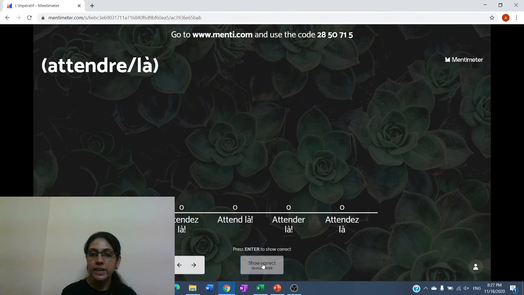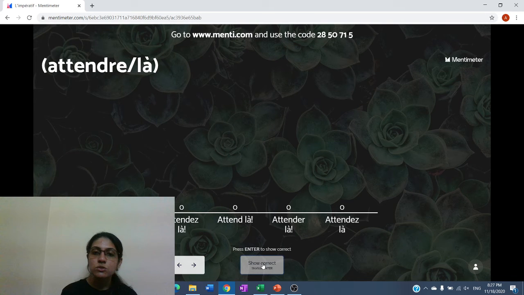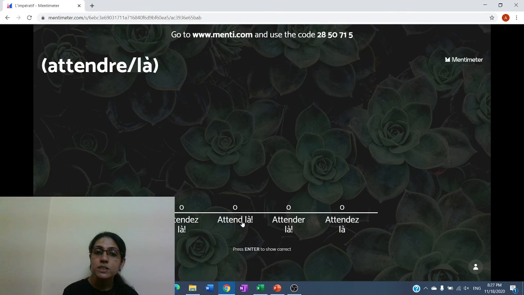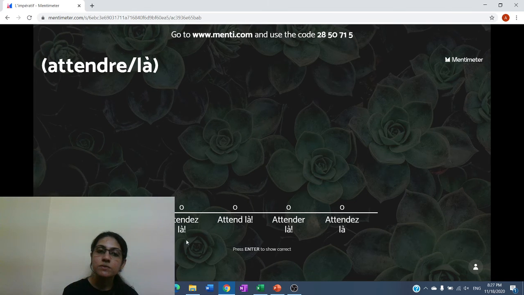So all the options are similar. In the last one, if we see, there is no exclamation mark. In this one, this is the wrong spelling. In this one, there is no S. So S is not to be removed in the case of RE verbs. It has to be there. So here the correct answer is attendez-la, the first one.